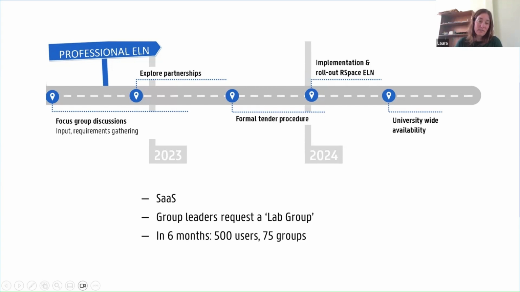And we saw that in the 6 months that we're now operational, there's 500 users registered and 75 lab groups have been created. I would say that about 1/3 of them are already using it routinely, 1/3 is exploring, and 1/3 simply created a group, or at least I hope that they will be able to start using it more in the future.